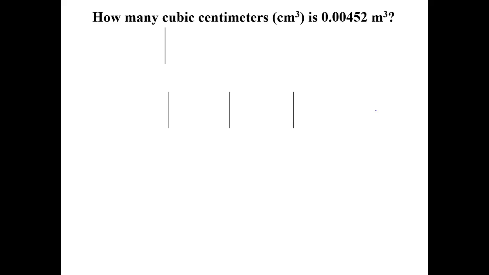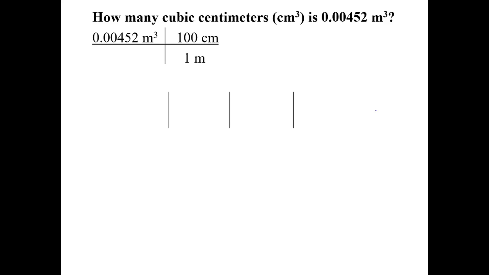Let's try another one. Now let's do one with cubic units. So we're going to have 0.00452 meters cubed. We want to go to centimeters cubed. So we know 100 centimeters in a meter, just like 100 years in a century.